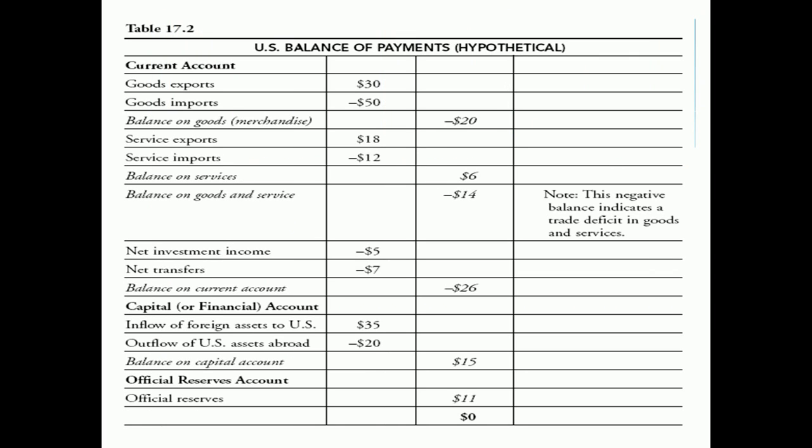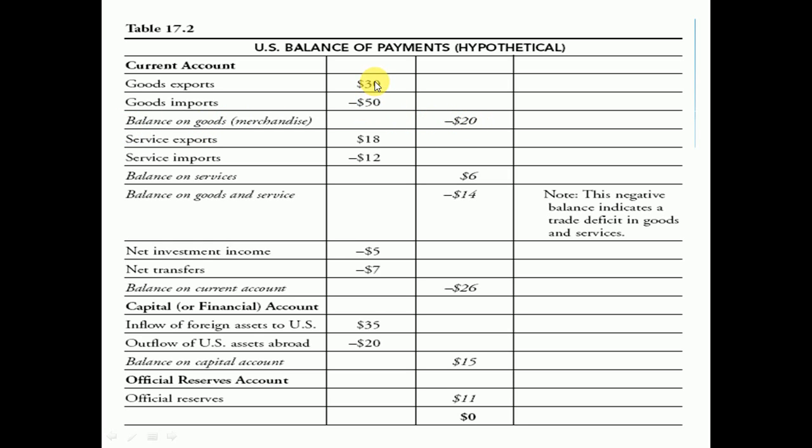Now look at this. This is our current account. Goods exports are 30, suppose in billions. This is hypothetical. Goods imports are 50. So exports are 30 and imports are 50. What is the balance on goods? It is minus 20.